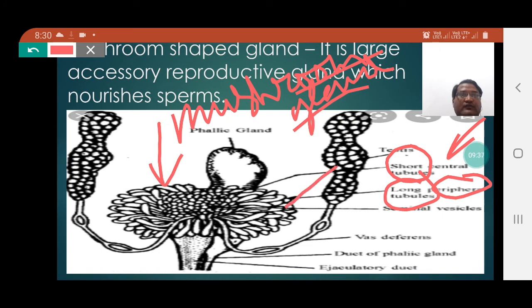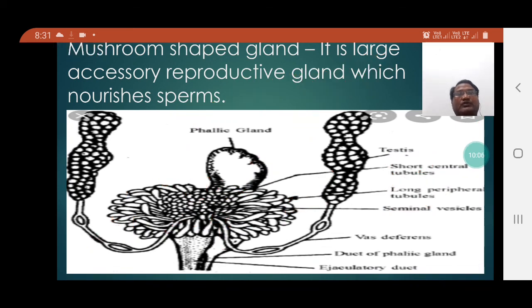So students, these which you are seeing here, very long, are the peripheral tubules, which remain present in the periphery of the mushroom shaped gland, whereas the central tubule which you are seeing here in the center, which is located in the center of the mushroom shaped accessory gland, is short in shape. Both of these two tubules play a very important role in nourishing the sperms.